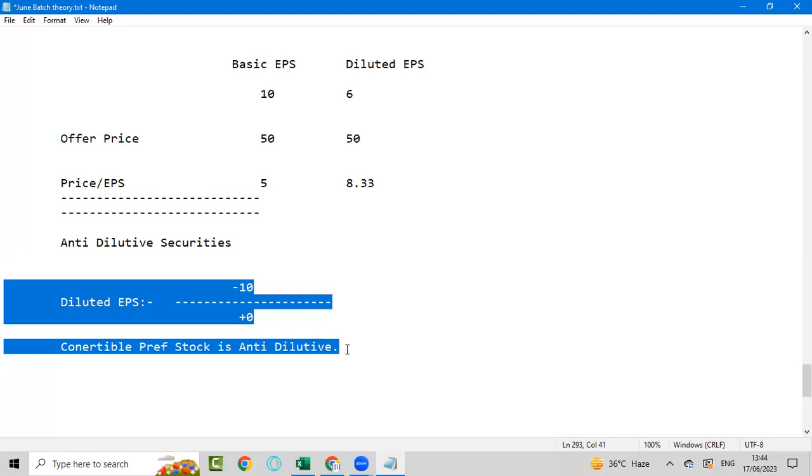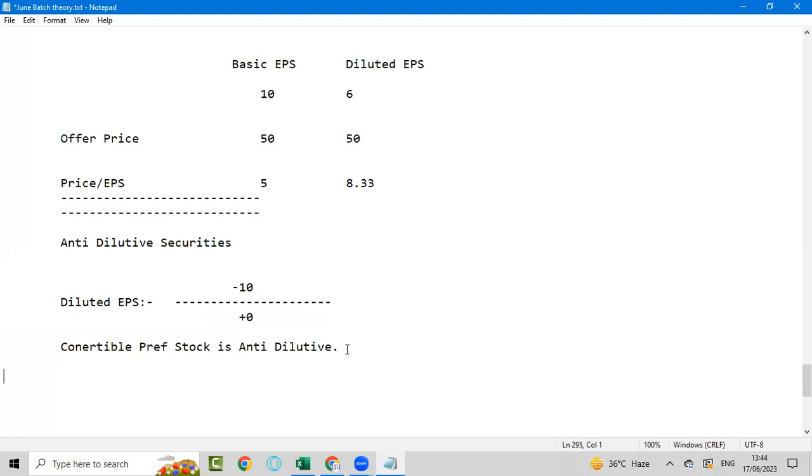Simple. And when it will not be converted, we will treat it like we treated it in basic EPS calculation. So treatment in basic and diluted EPS will remain the same for convertible preference stock, right? Next, what is next?